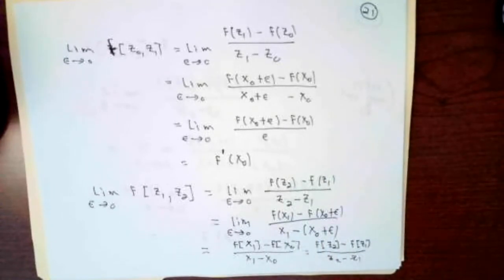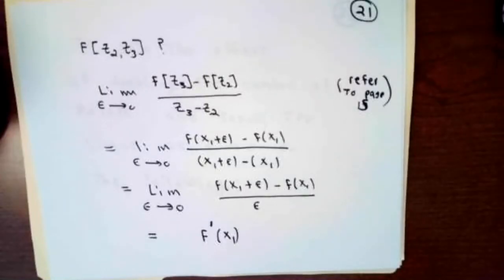So if I was going to get division by 0 in this limit table, I've got to put in a derivative value instead. On the other hand, if I don't get division by 0, I'm just going to do the usual Newton formula, except it's z numbers and f of z numbers now. In case you're not convinced, do the next one.